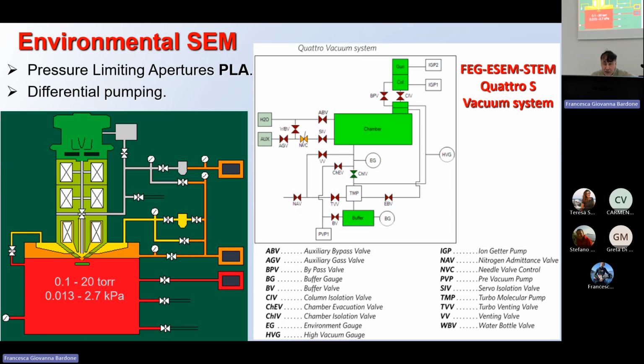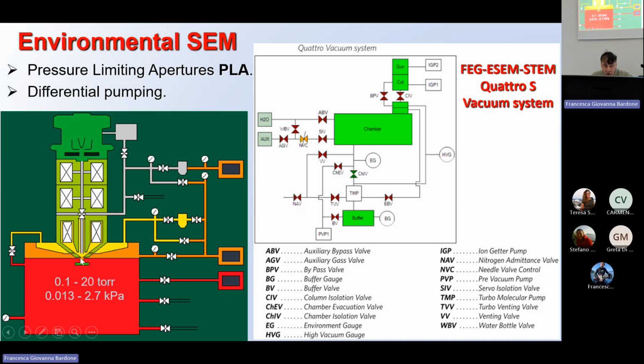The system is built with many different subchambers. Soon after the red one, you have an orange chamber with a vacuum which is one order of magnitude better than this one.